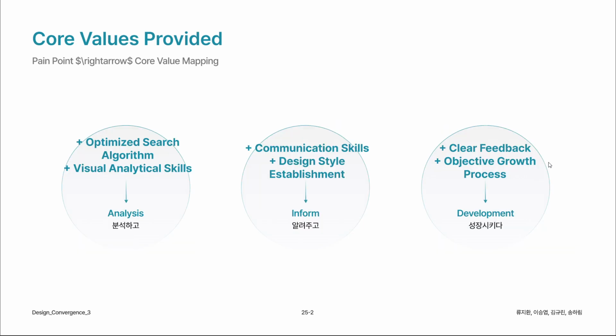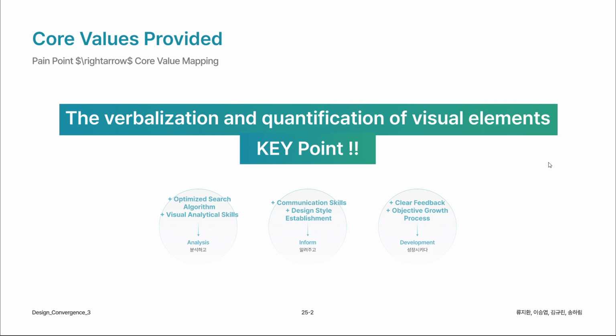From these insights, we defined our brand's 3 core values: analyze, inform, and develop. And the key to delivering these 3 values is the visualization and quantification of visual elements.